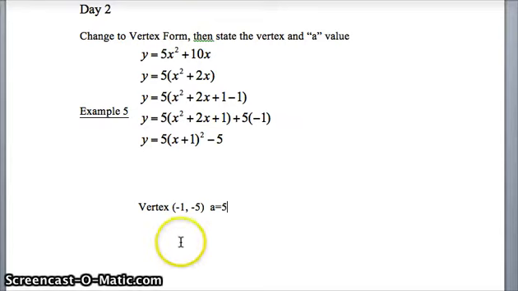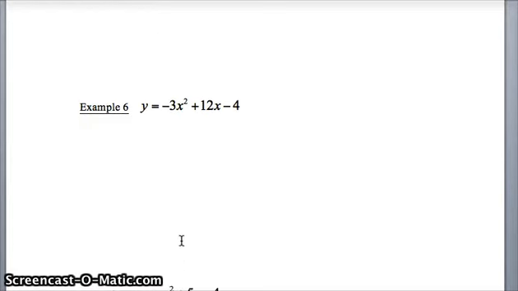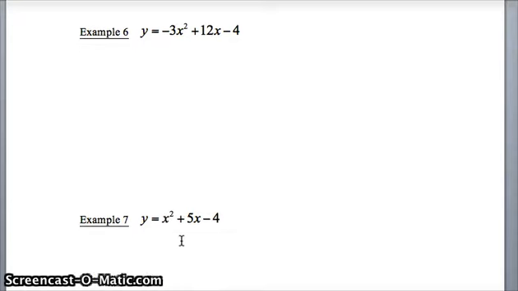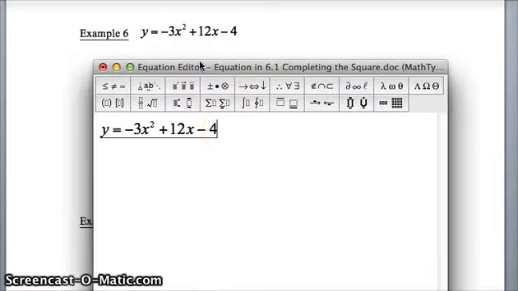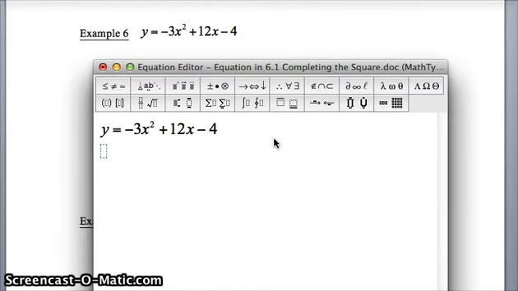Okay, so now what I want you to do is go ahead, work on example 3, and then press play when you're ready to check your answer. Okay, so now remember we're factoring out of the first 2 terms, so you should end up having y equals the -3.